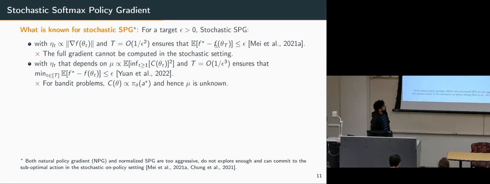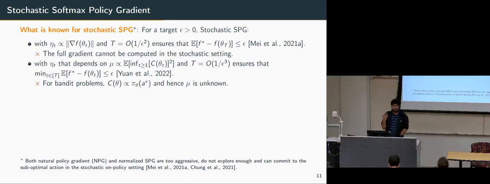Okay, so here the story gets a little tricky. For stochastic SPG, the first thing I should say is that in the stochastic on policy setting, both natural policy gradient and this normalized policy gradient are too aggressive.